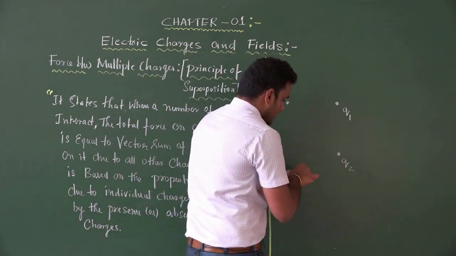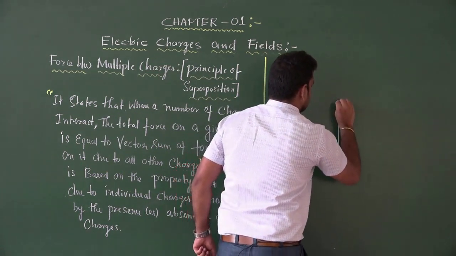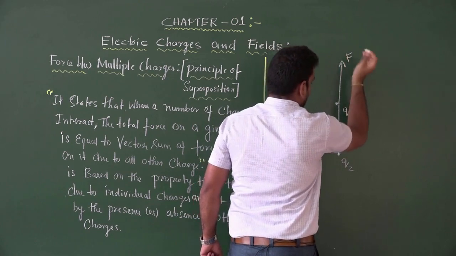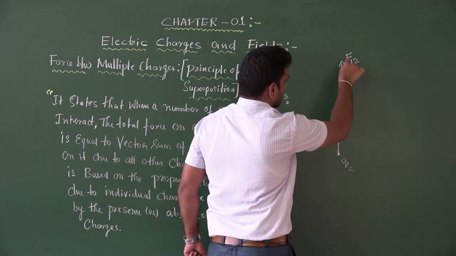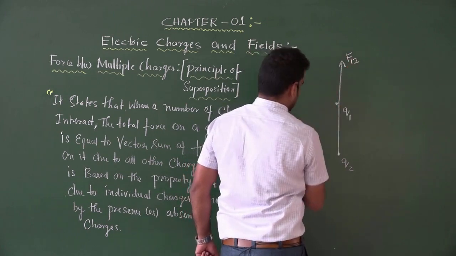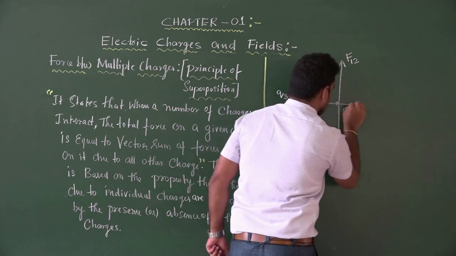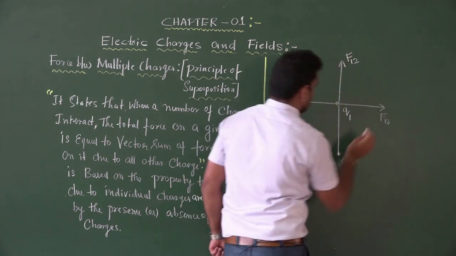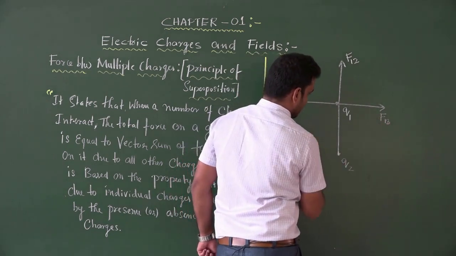We know that Q2 exerts a force on Q1, that we can write as F12. F12 is nothing but the force on Q1 due to Q2. Like this, Q3 exerts a force on Q1, F13, which means force on Q1 due to Q3.